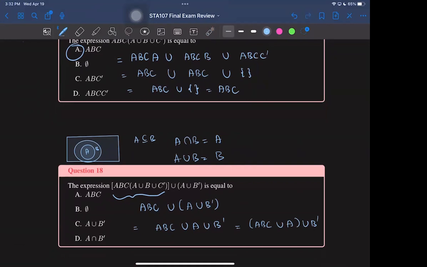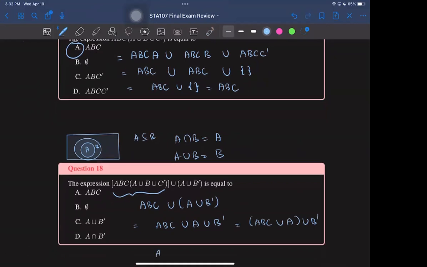I hope you see why ABC is a subset of A, because any element that is in A and in B and in C has to be in A. If you draw a Venn diagram, the part ABC will be entirely inside the circle A. Which means I can use this rule here.